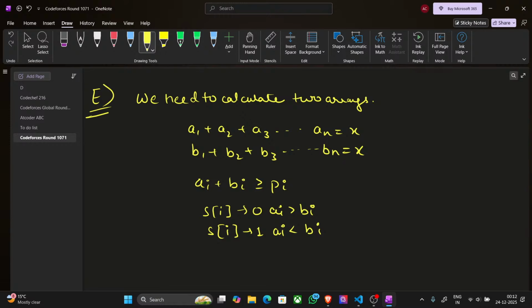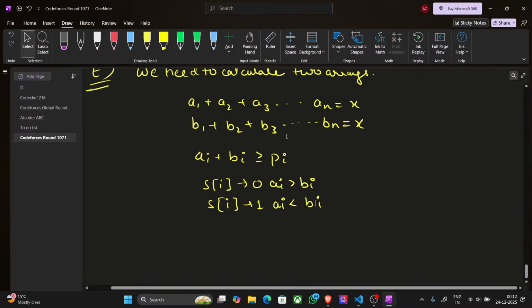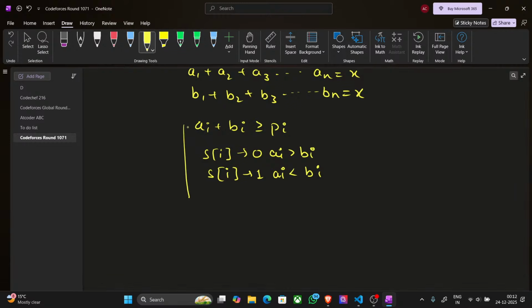Now in this problem, what I'm going to do is satisfy all the inequalities one by one. So let's satisfy this part first. We will check the summation later. Say we are given an example: s as 0 and 1, and the array P is 7 and 7.